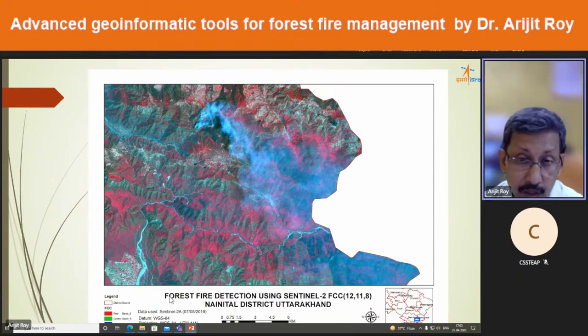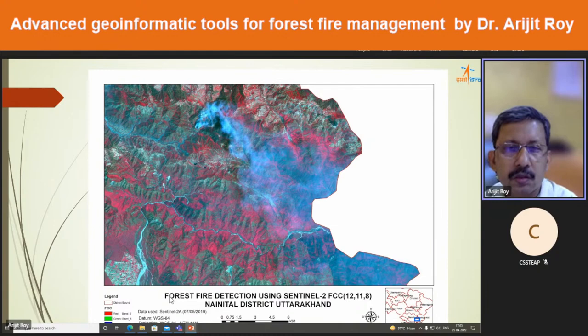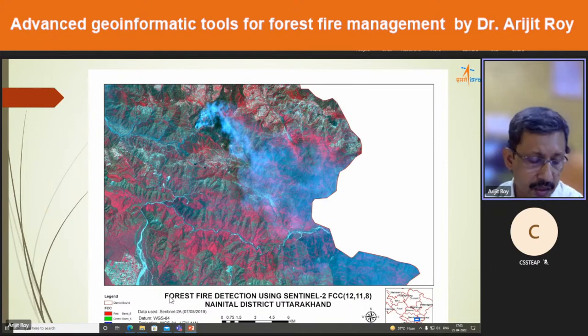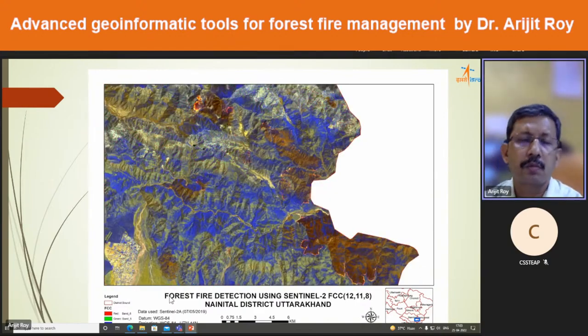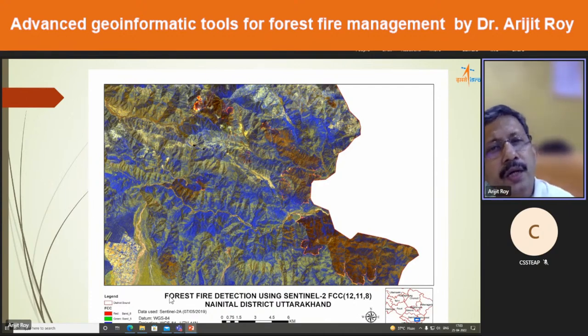And presently we have the Sentinel-2 data, which is also very good for burnt area mapping. So you see, this is a part of the Nainital district of Uttarakhand where fire has occurred. Here, because of the smoke, we are not able to see what is there, but the moment we use the shortwave infrared, we are able to see the actual fire as well as the burnt areas in this region.